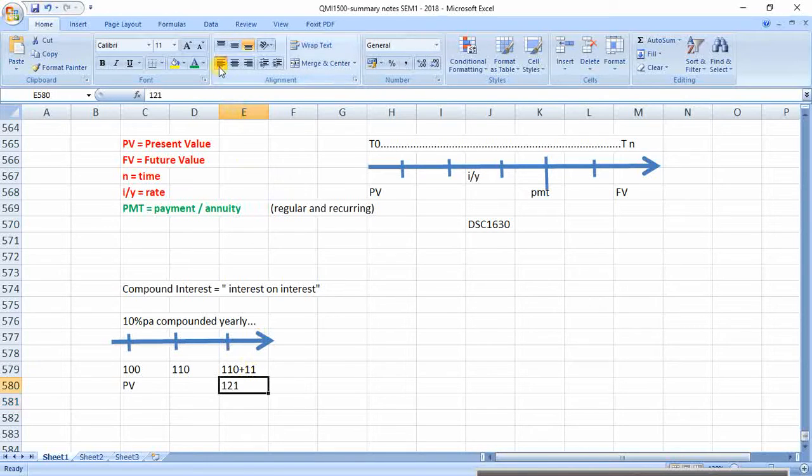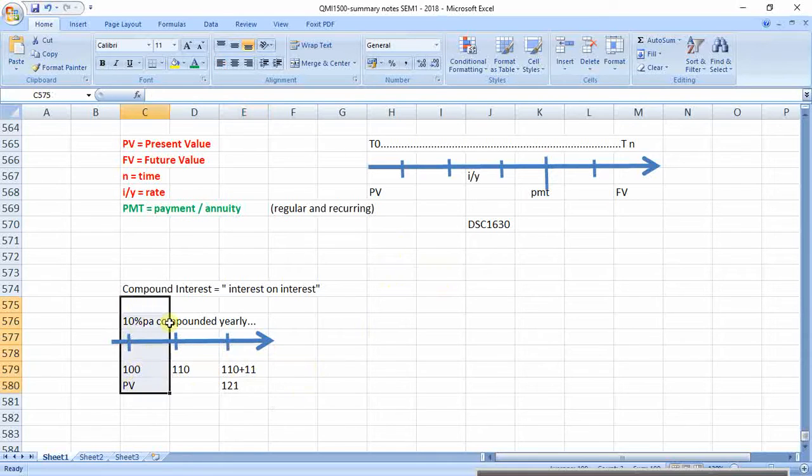Does that make sense? So this first year is 100 plus 10%. This year is 110 plus 10% of 110. So you earn an extra rand worth of interest just because of the extra 10 that you received from the previous year. So that would be 121.